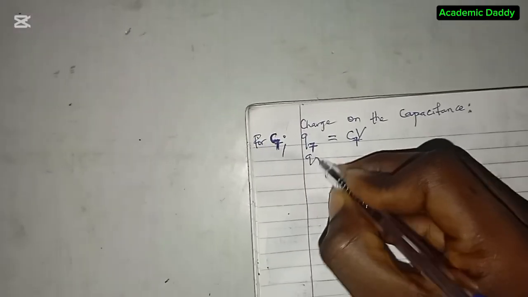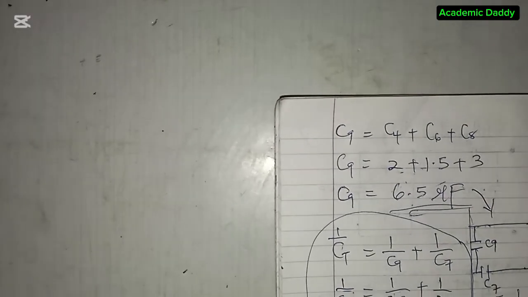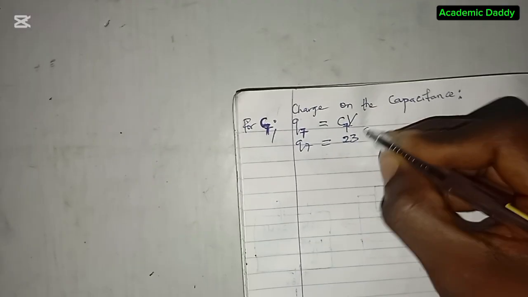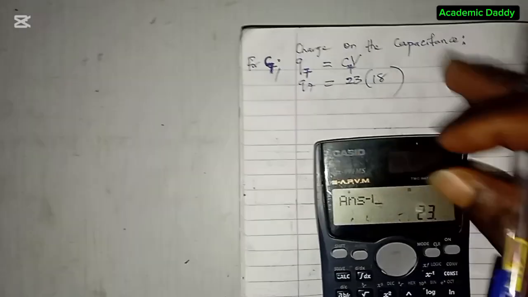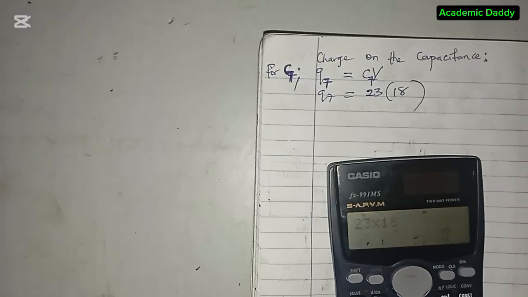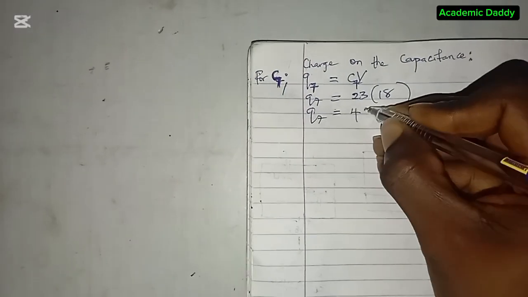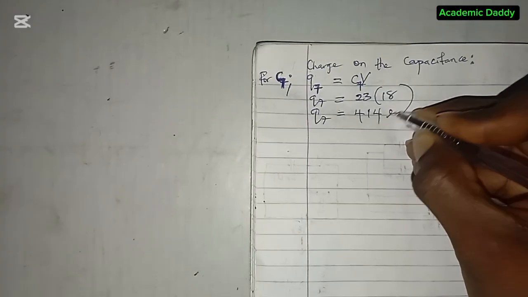So C7 times this, I now have Q7 equals 23 times 18. So Q7 is equal to 414 microcoulomb.